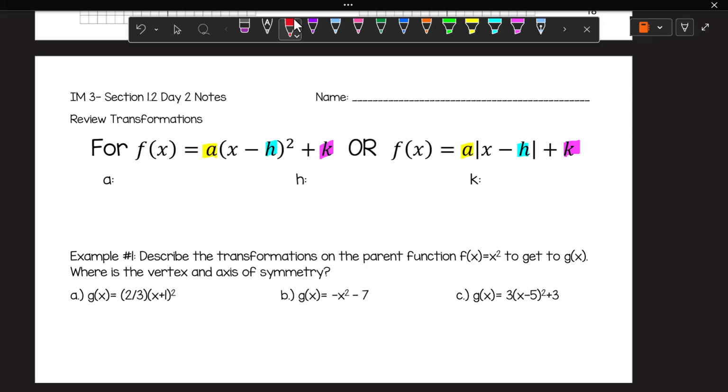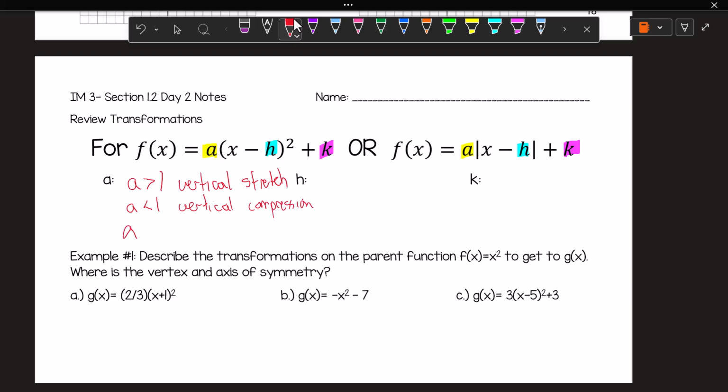Remember, our a tells us if a is greater than 1, we have a vertical stretch. If a is less than 1, we have a vertical compression.